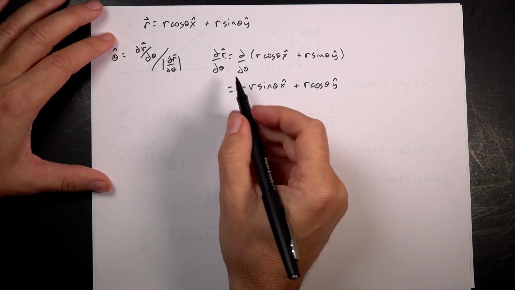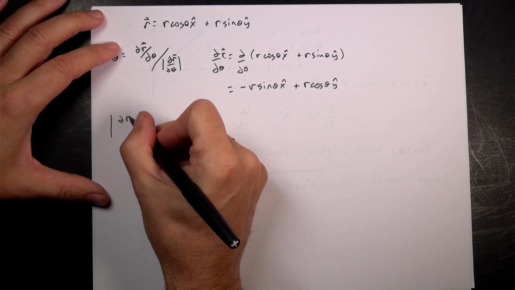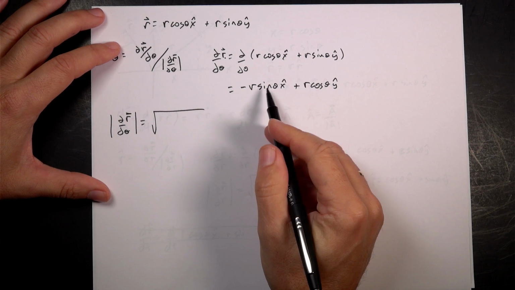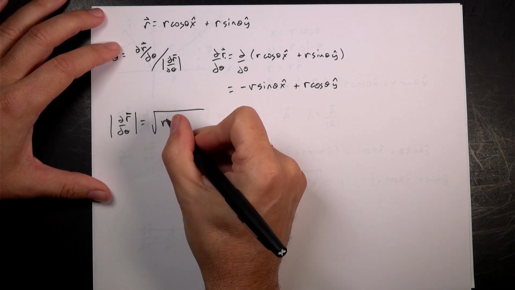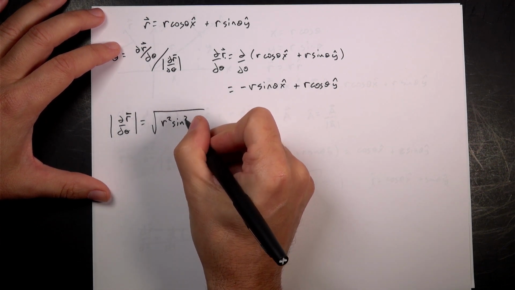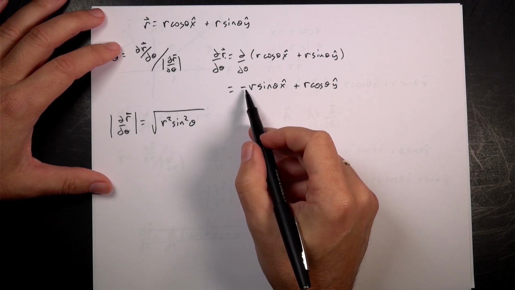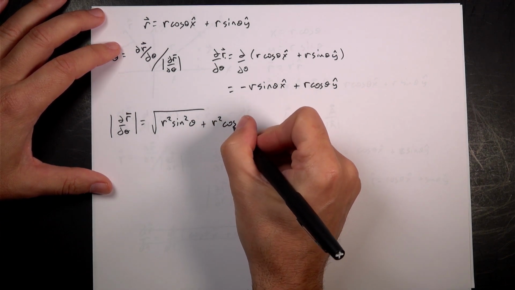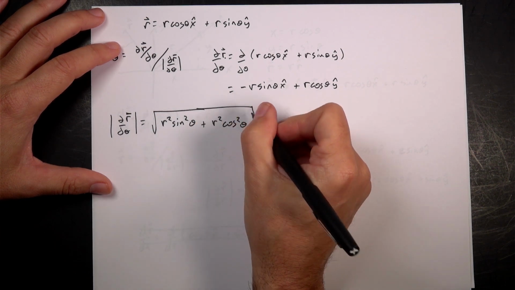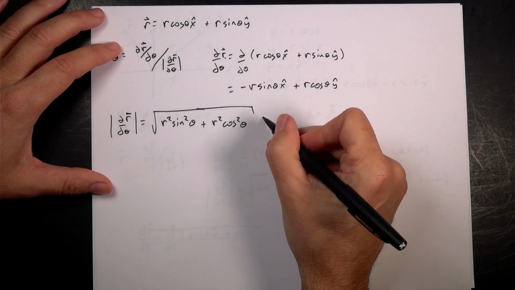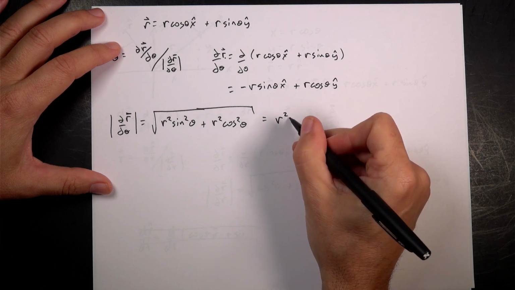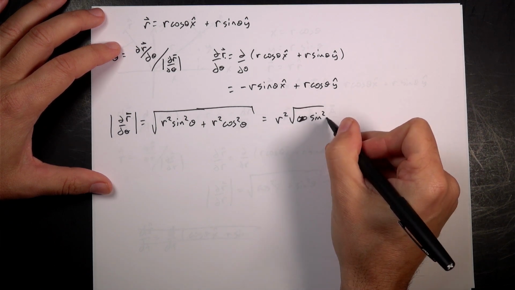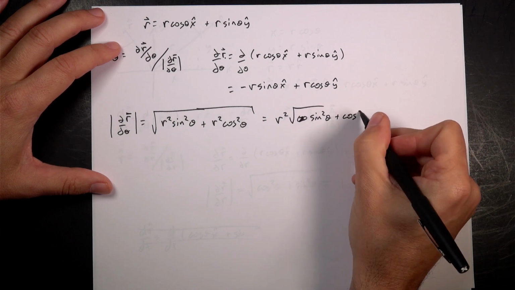Now I need to find the magnitude. So the magnitude of the partial of r with respect to theta is going to be equal to the square root of the x component squared, which is r squared sine squared theta, right? The negative sign goes away because I squared it, plus r squared cosine squared theta. And then I can factor out an r squared, and I get r squared times sine squared theta plus cosine squared theta.